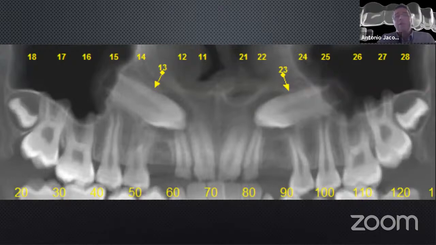But this did not happen, and they are very horizontal in the maxilla, both of them. So we need to make surgery and bring these canines towards position.